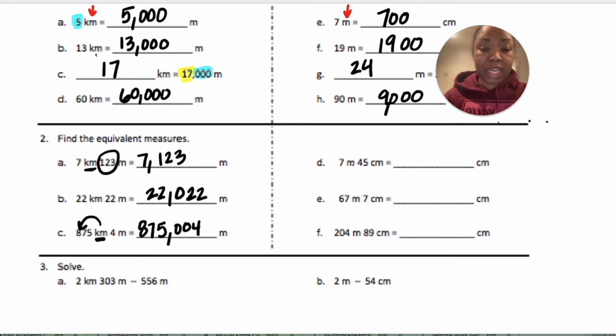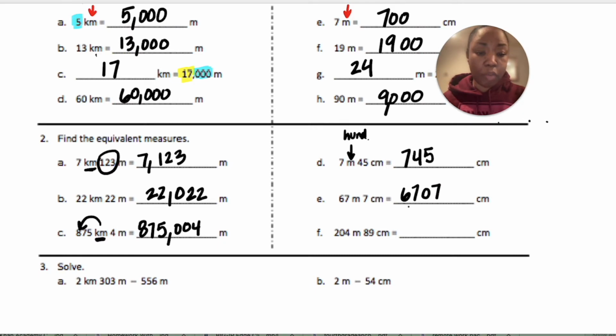For D, E, and F, remember that meters is hundreds. This is hundreds. So this would be 745, 7 in the hundreds place, and 45. This would be 6,700, right? 7, 0 tens, 7 ones, or 6,700.